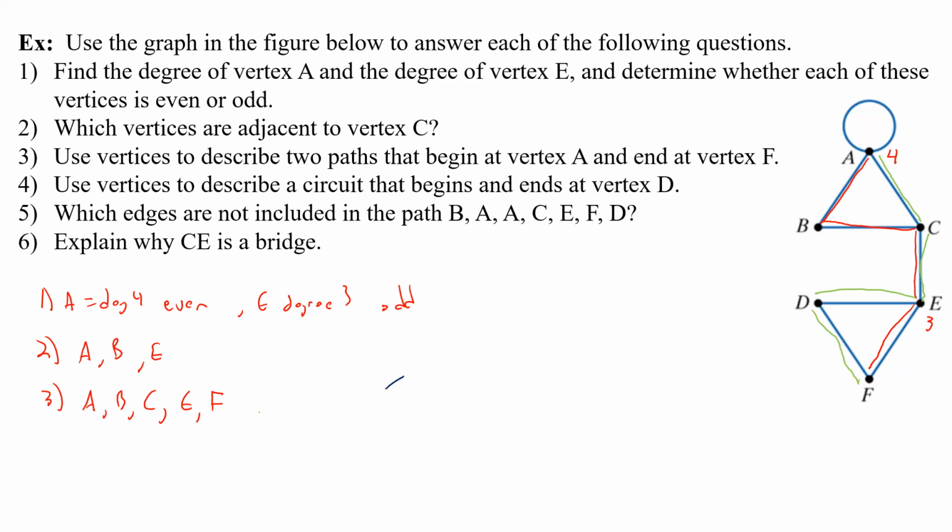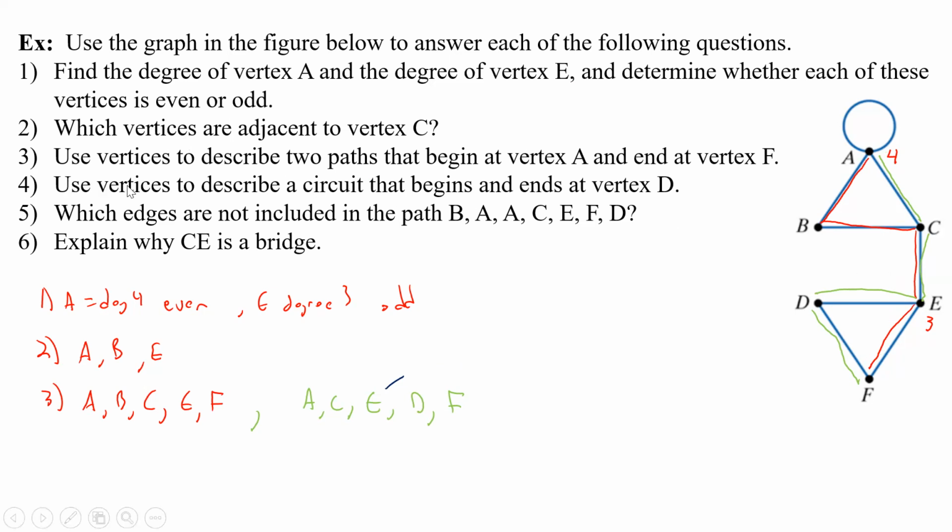So our second one we could write is A to C, then to E, then to D, and then to F. So those would be two different paths that begin at A and end at F.